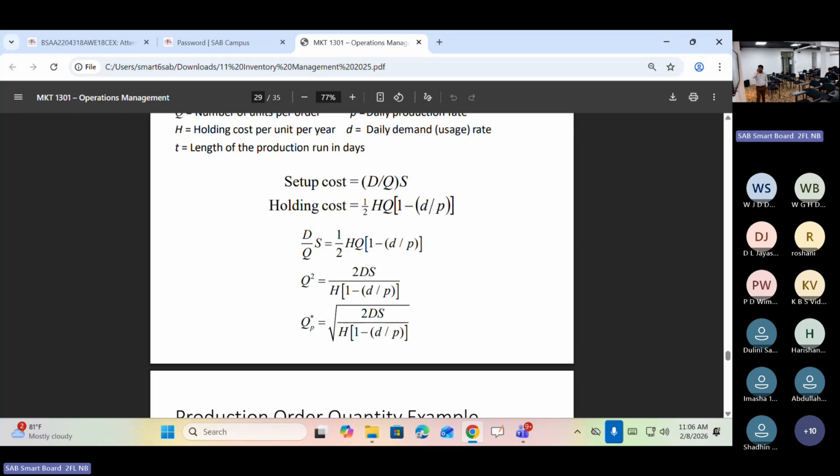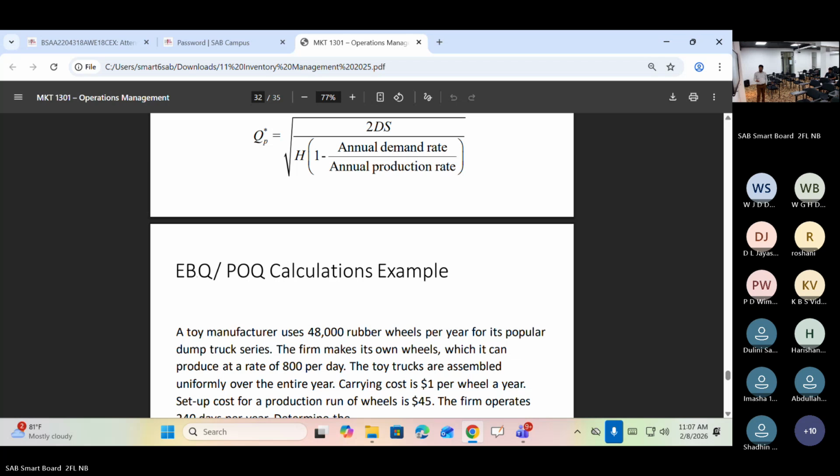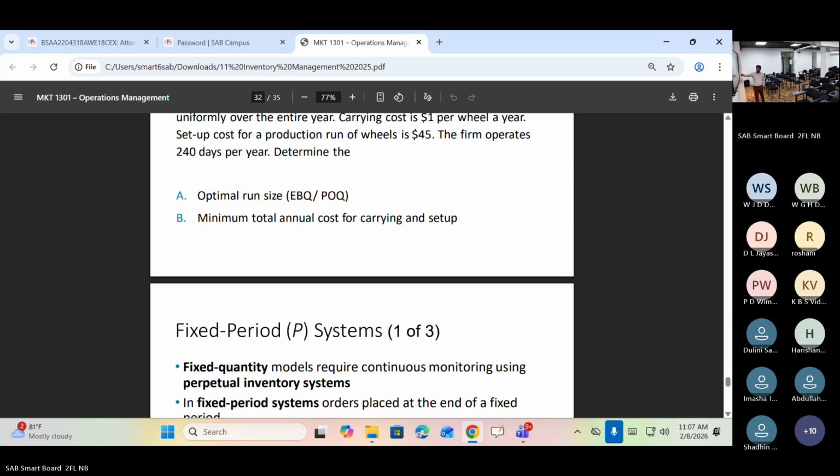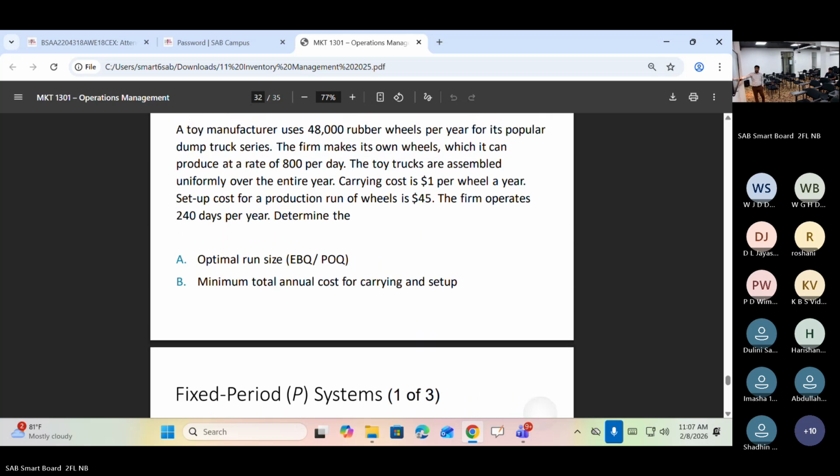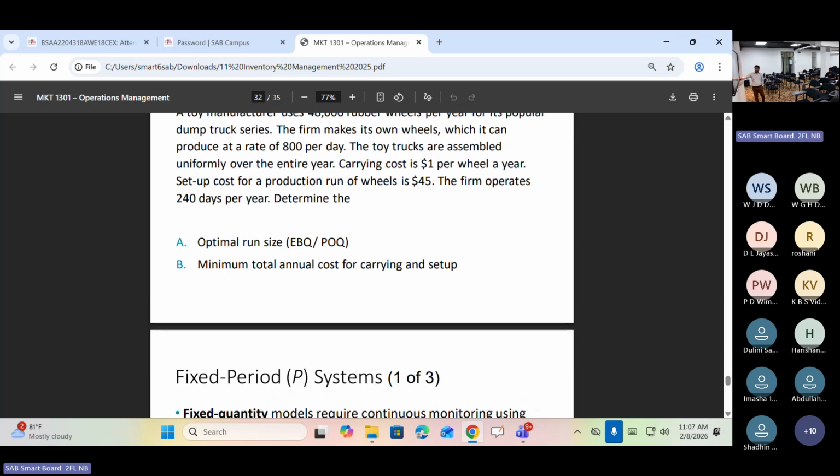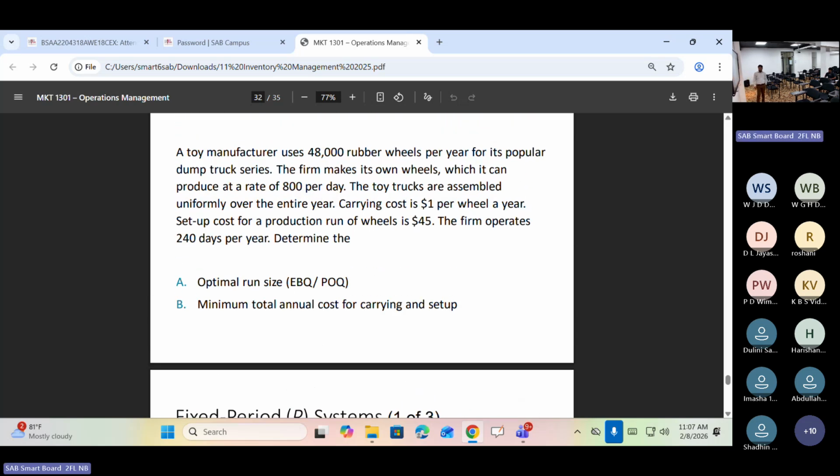So holding cost equals H into Q into 1 minus the ratio between D and P, all divided by 2. Add those two together, you get the annual inventory cost. When they operate at optimal run size or EBQ, what is the minimum total annual cost for carrying and setup? I think that's enough for the time being.